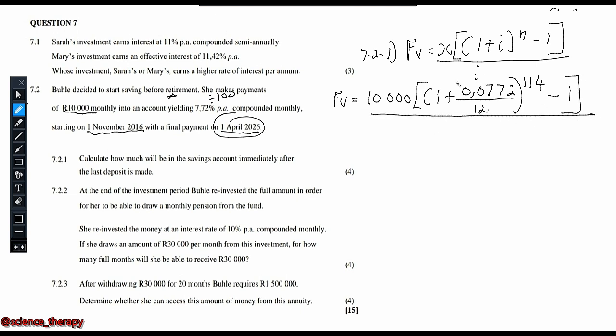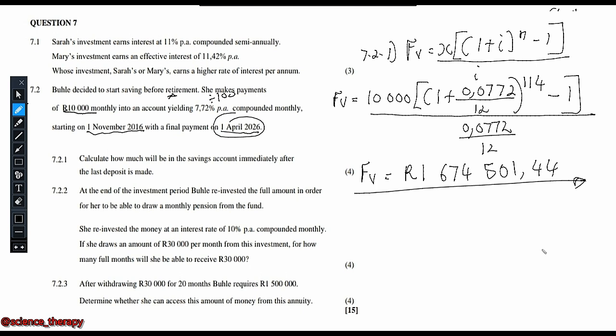Over 0.0772 over 12, right? Then all you have to do is simply punch all of this into your calculator. Then you get 1,674,501.44, right? So that becomes your value there.